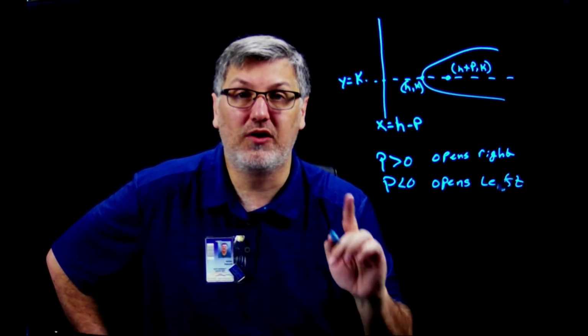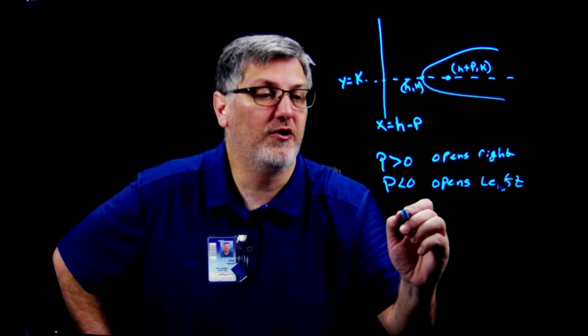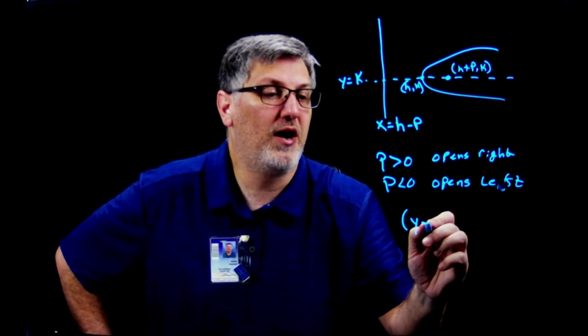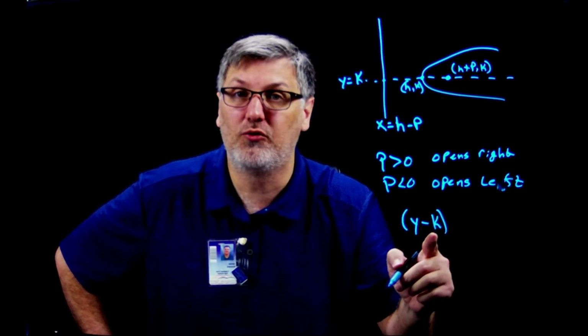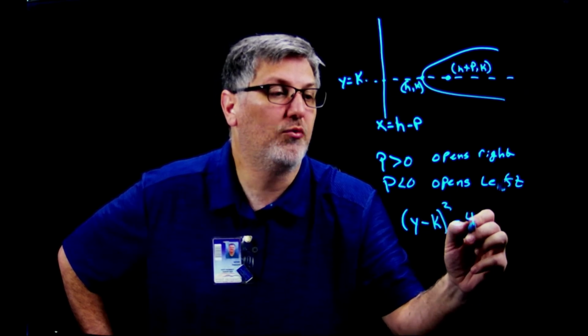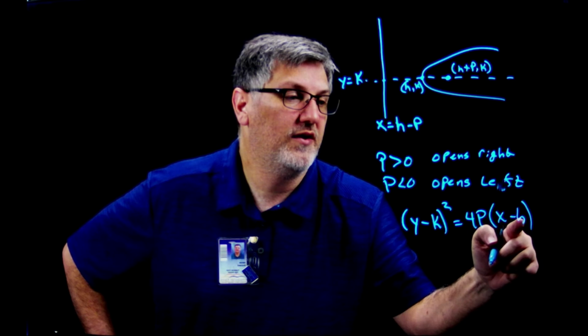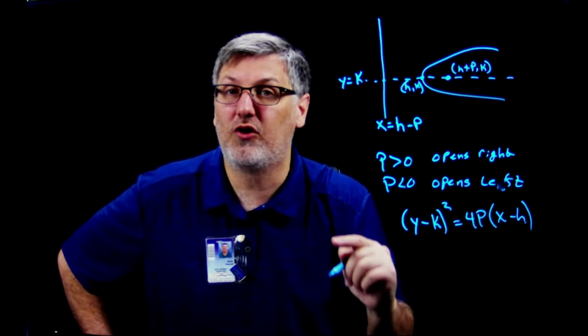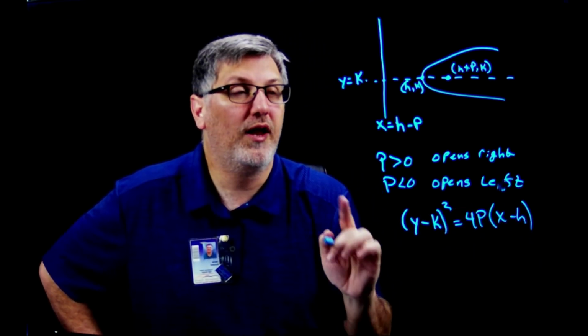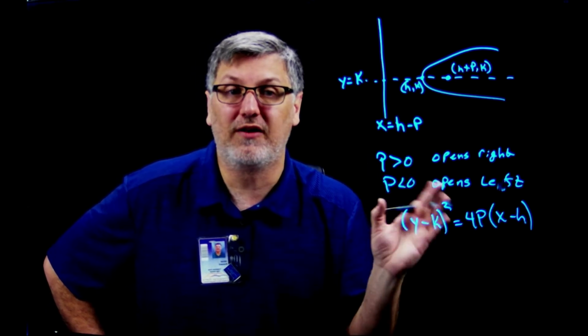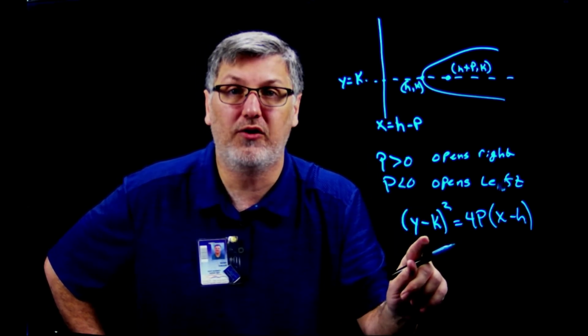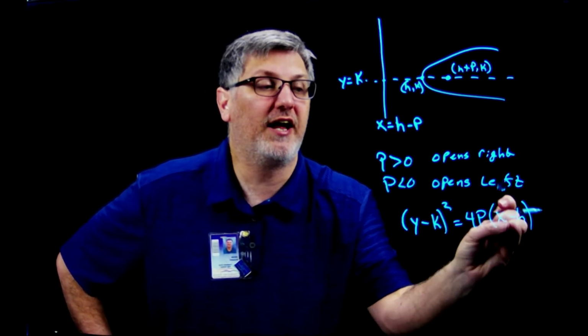And for my formula, now you've got to pay attention to what's being squared, it is (y − k)², because k is always with y, = 4p(x − h). So h is always with x, k is always with y, but now whenever it's on its side, opening left or right, my y value is squared. When it's opening up and down, the x value was squared.